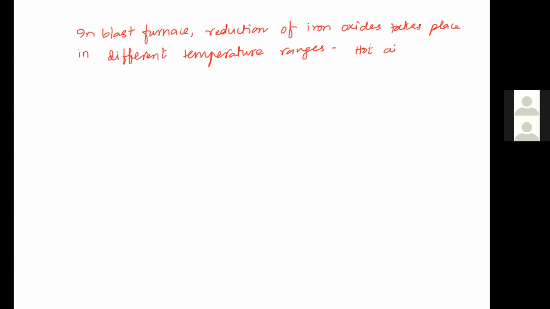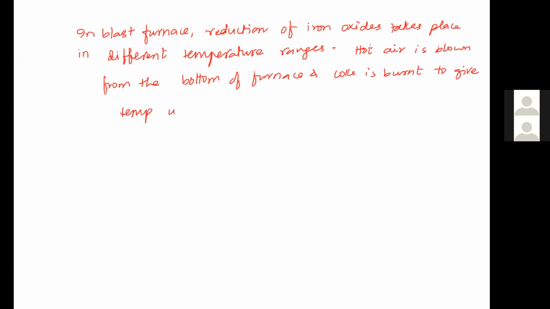As I said, hot air or oxygen is sent. This is blown from the bottom of the furnace. I'll draw the diagram. And coke is burnt to give the temperature up to 2200 Kelvin in the lower portion itself.